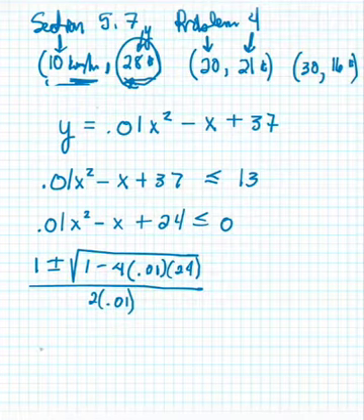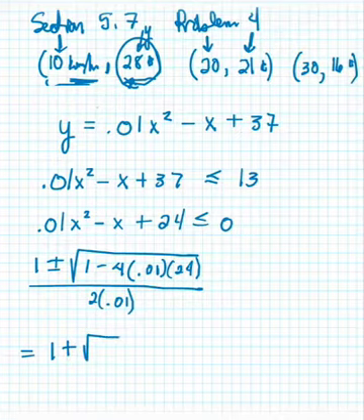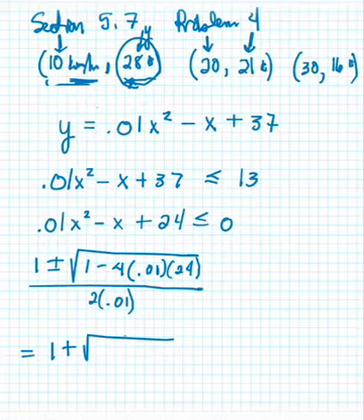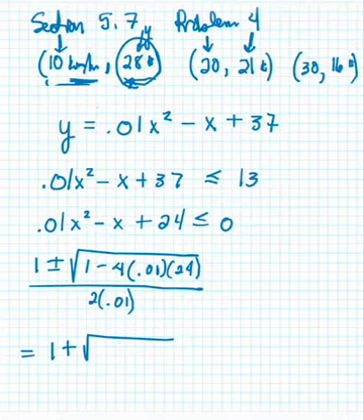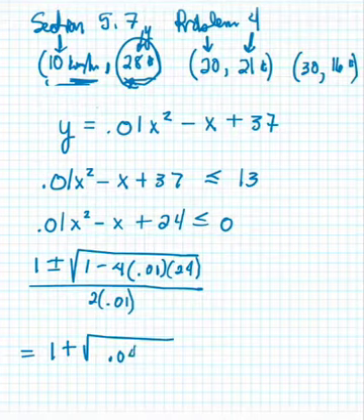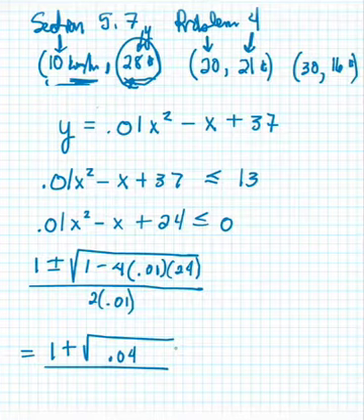Okay, so this is going to equal 1 plus radical, whatever that is, let's see, 1 minus 4 times 0.01 times 24, what do I get there, 0.04? Over 2 times 0.01, and I get 0.02. Okay, that's the first one.